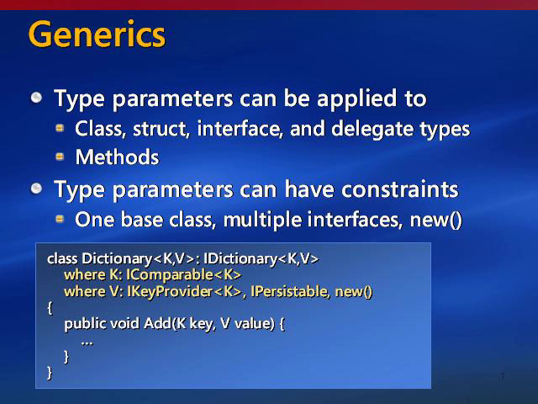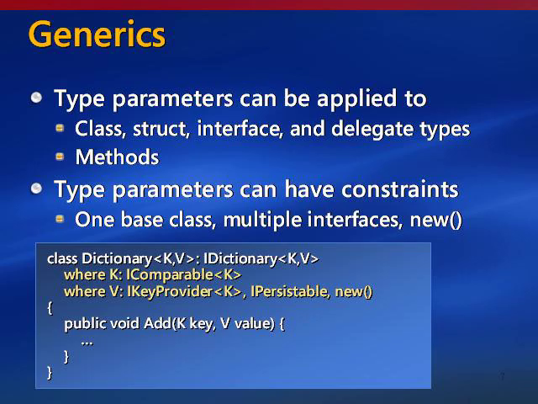Now, generics are all about compile time stronger type checking, so what we provide is the ability to specify that constraint statically. So instead, I can say I'm creating a dictionary of K comma V where K must implement IComparable.